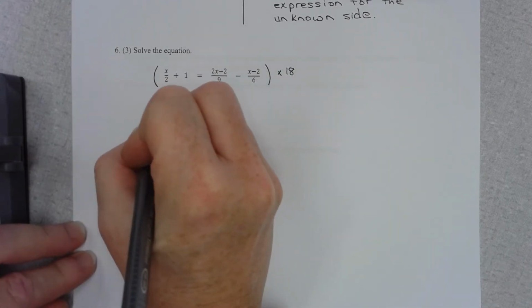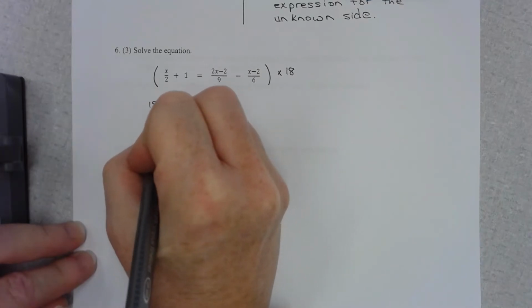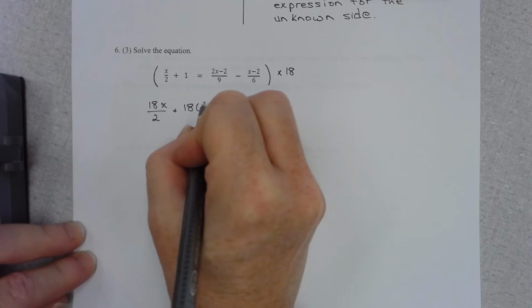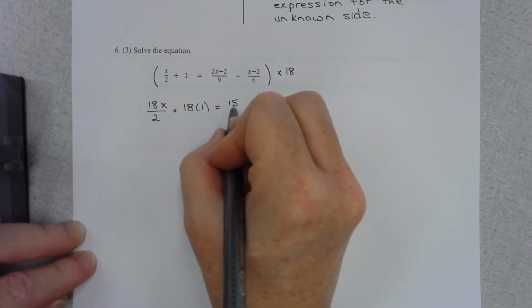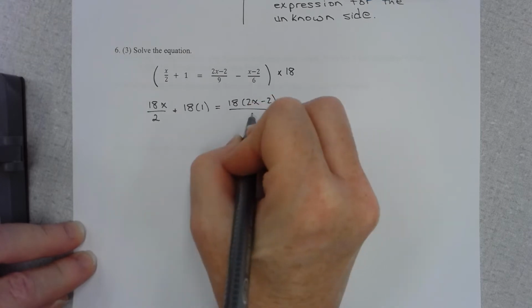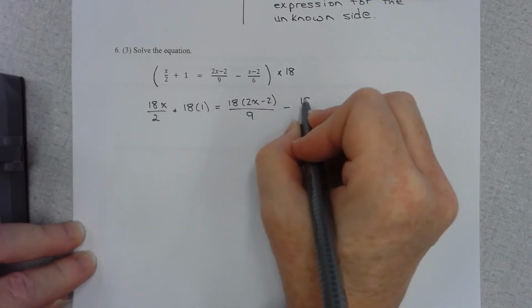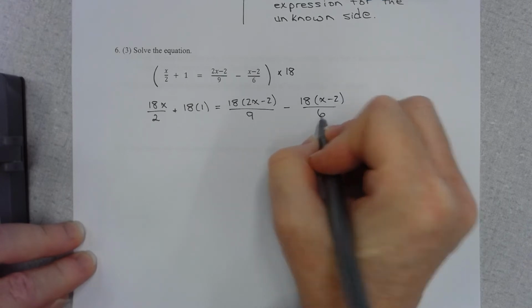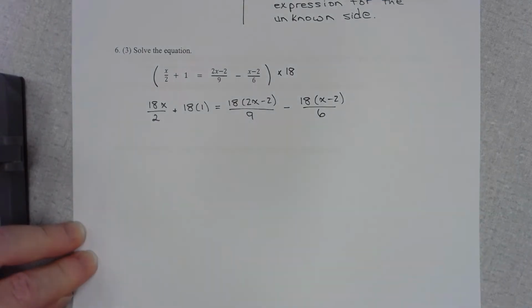So I'm going to have 18 times x over 2 plus 18 times 1 equals 18 times 2x minus 2 over 9 minus 18 times x minus 2 over 6. So every single thing has been multiplied by 18.